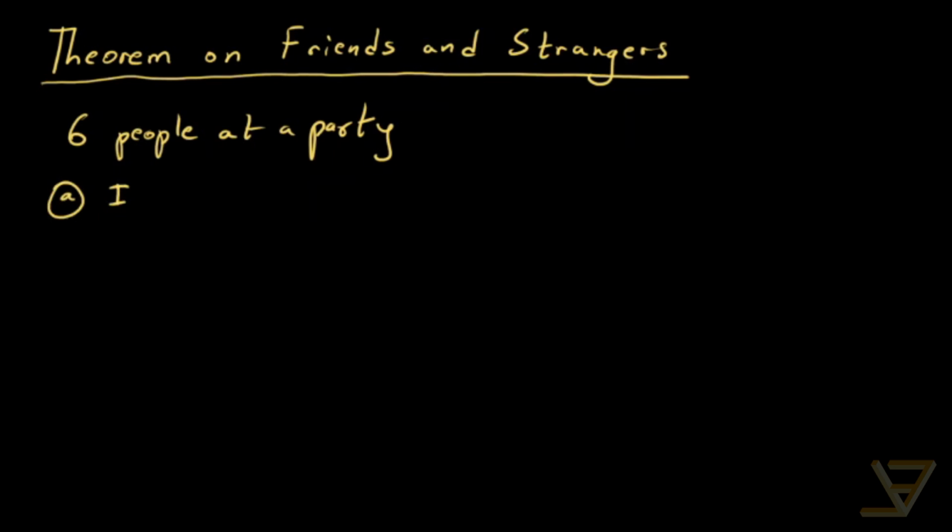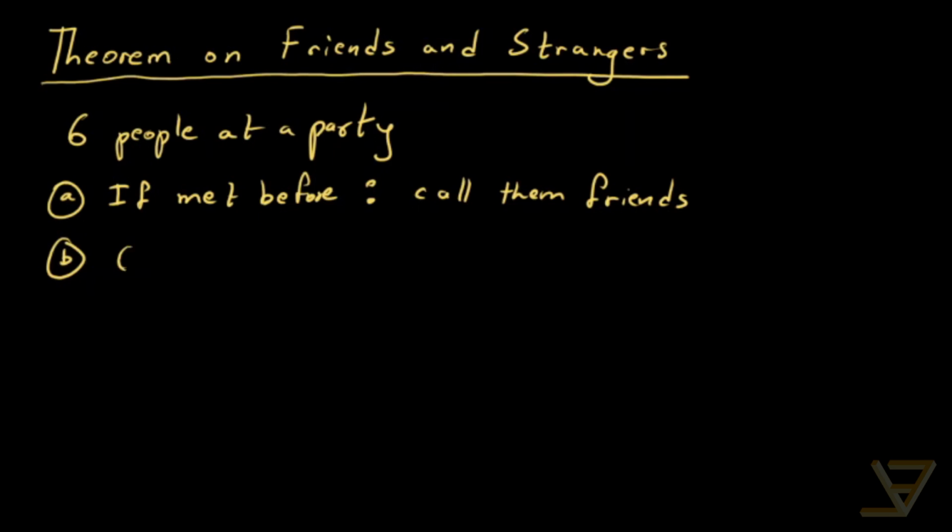So if they have met before, call them friends. If 2 of them have met before, or you can call them acquaintances because they might not necessarily be friends, but we'll be using the word friends.